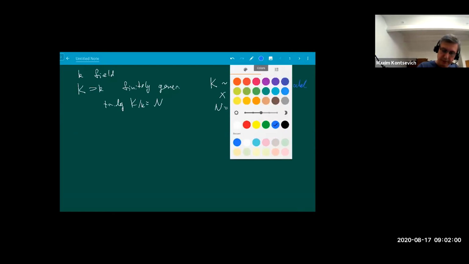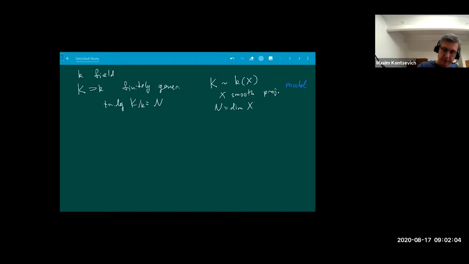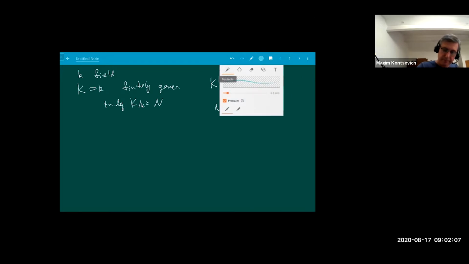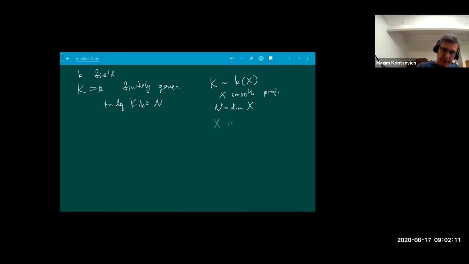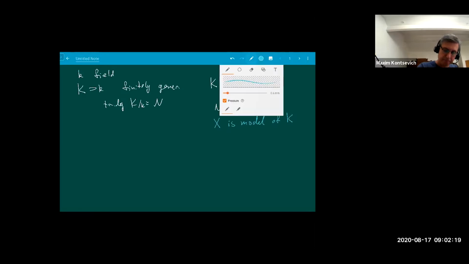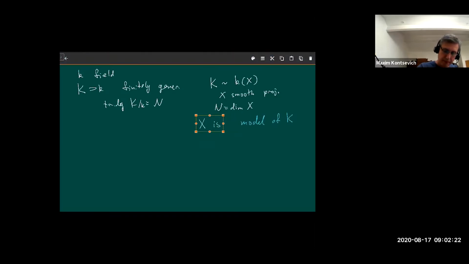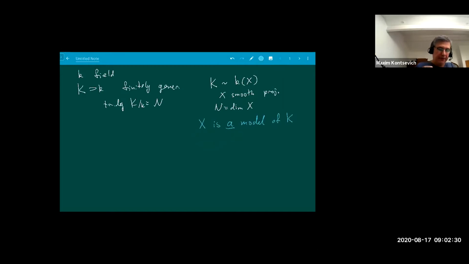It's a model of K. So there are infinitely many models, and for each model one can associate a set of irreducible divisors in X, the Zariski points of codimension 1.